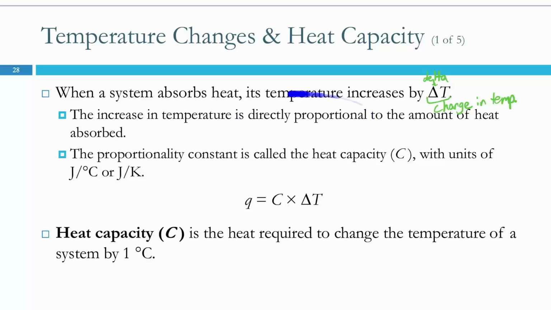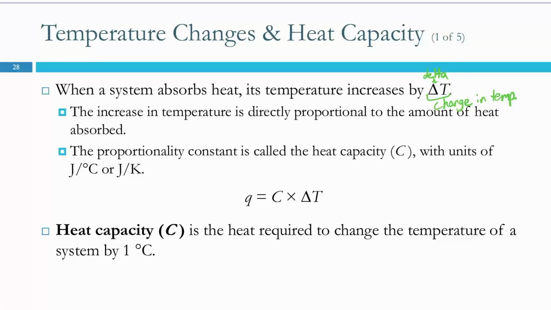That increase is directly proportional, meaning that it's a linear relationship, to the amount of heat that was absorbed. And we have a constant for that proportionality we call the heat capacity, C. And C, our heat capacity, has units of joules per degree Celsius or joules per Kelvin. This delta T is final temperature minus initial temperature.